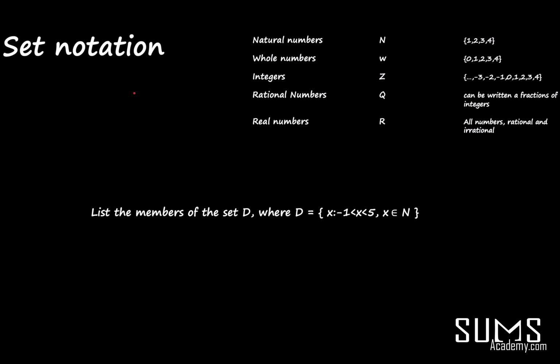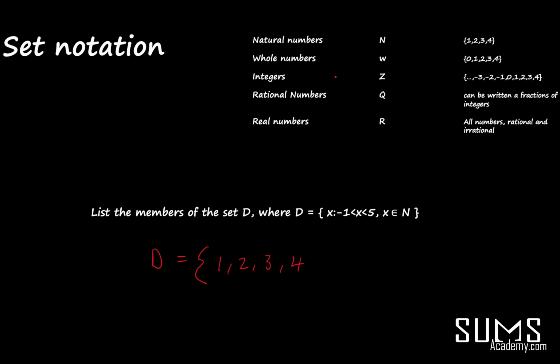Well, it's something like this: D, then curly brackets. If it's natural numbers, -1 is not going to be in there, 0 is not going to be in there. So it's just going to start at 1, 2, 3, 4, and X has to be less than 5.